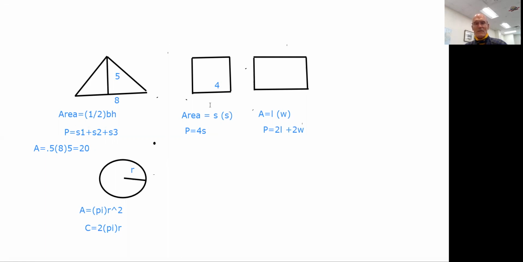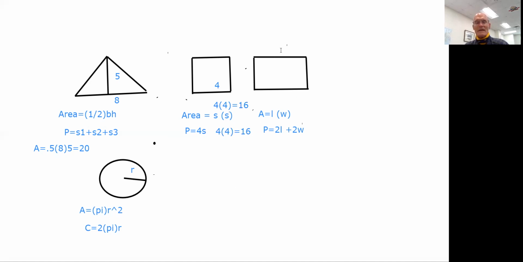And then the perimeter in this case would also be 4 times 4, which equals 16. So with this special square, the area and the perimeter are the same.